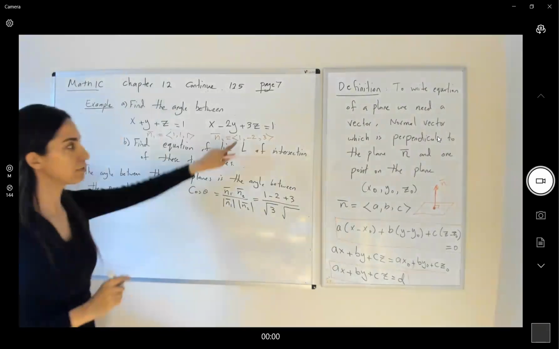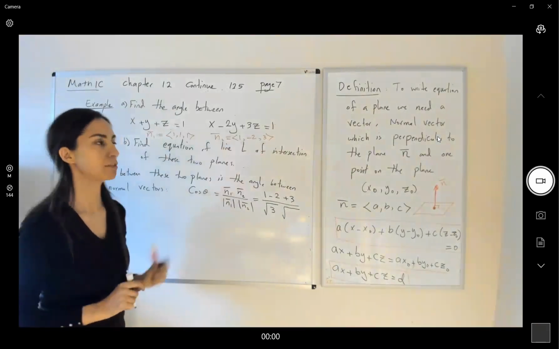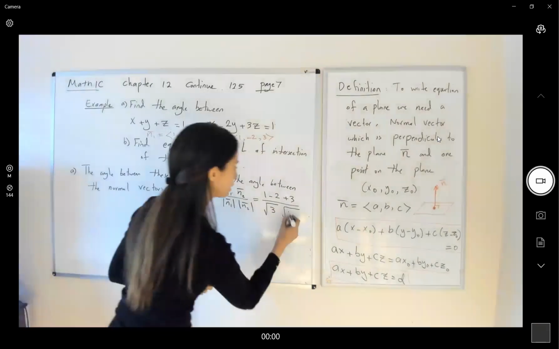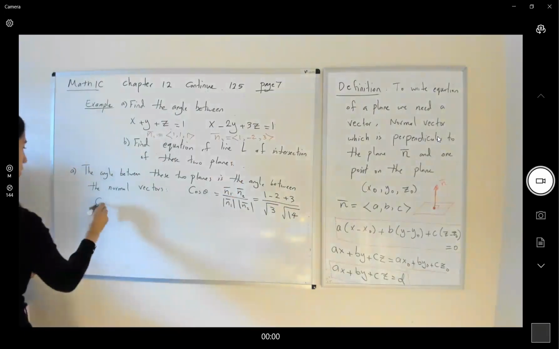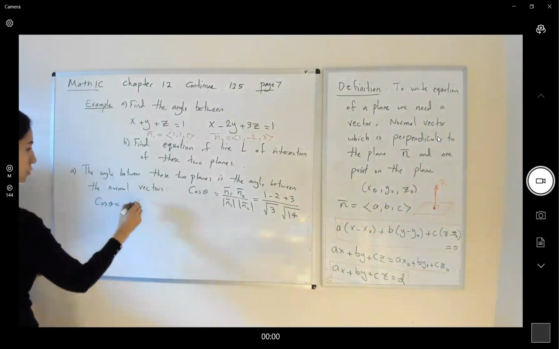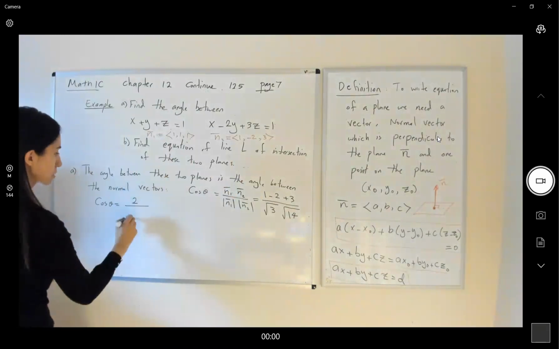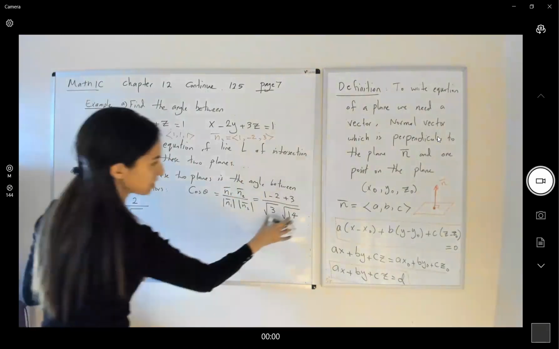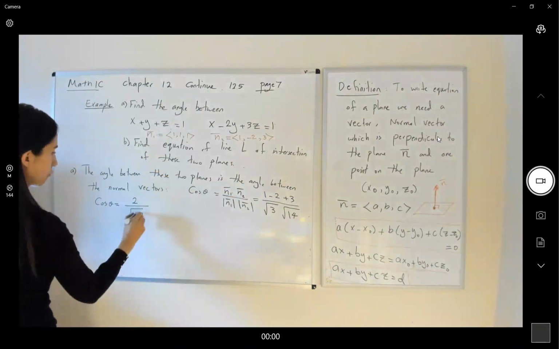The magnitude of the second vector is 1 plus 4, 5, plus 9, 14, square root of 14. So cosine theta is equal to 2 divided by square root of 42.